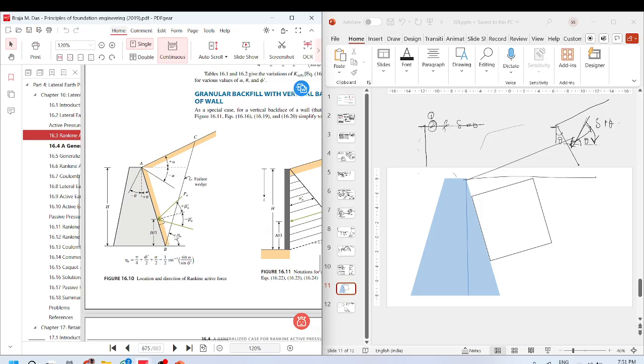The inclination of this failure wedge, initially it was 45 plus phi by 2. This was without any of this, and now we add alpha here: alpha over 2 minus half of sine alpha by sine phi.